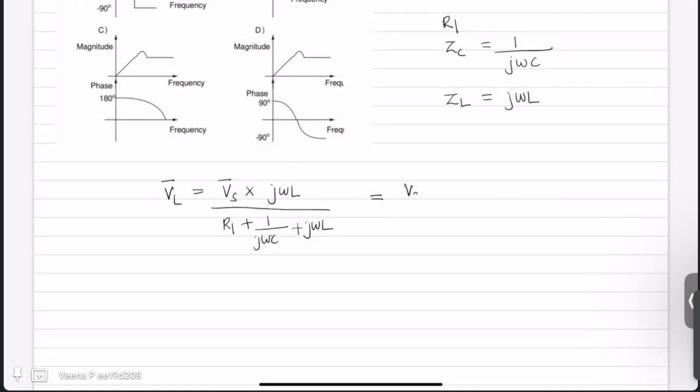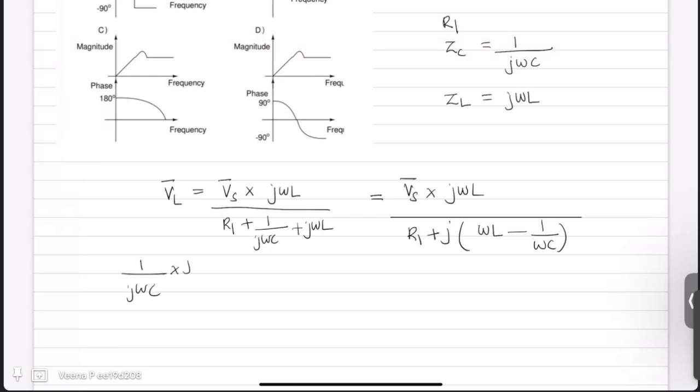which can be written as Vs j omega L divided by R1 plus j times omega L minus 1 by omega C. Because 1 by j omega C, both sides you can multiply with j, so it becomes j by omega C into 1 by j square.